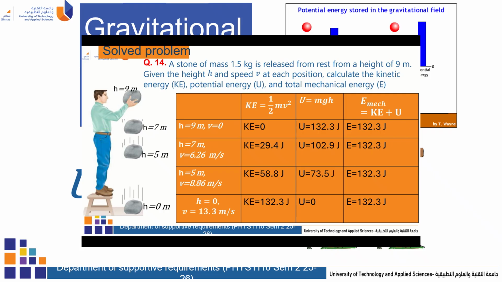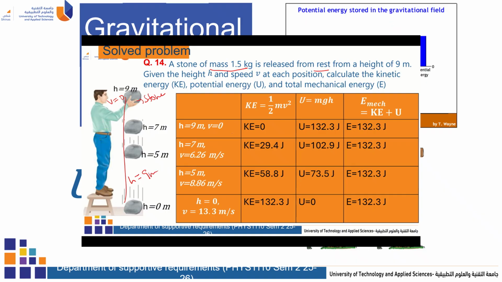Question number 14: a stone of mass 1.5 kilogram, which the person is holding, is released from rest, so the velocity is zero, from a height of 9 meter. From here to here the height is 9 meter.